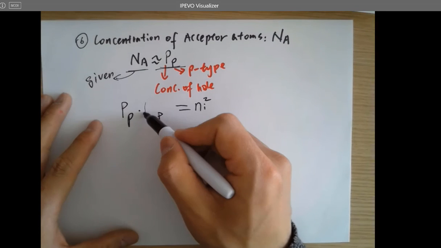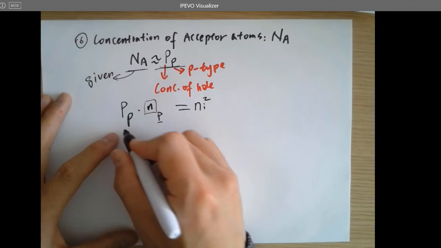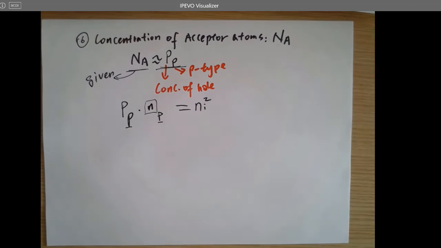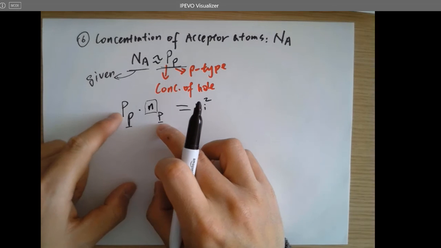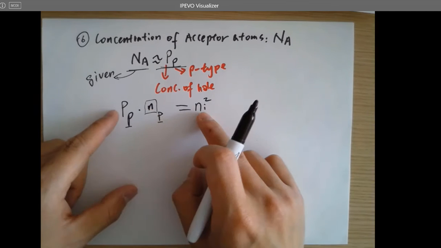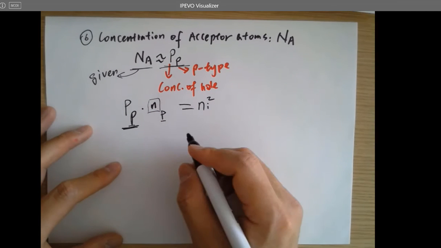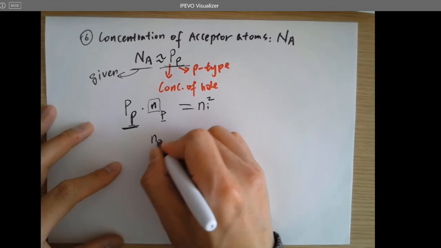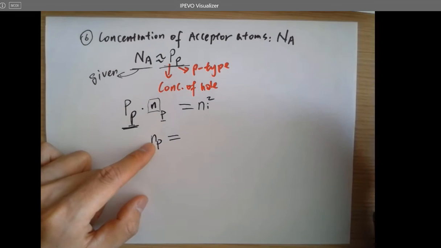What about here, N? They are both p-type, and since we are evaluating the same material, the p-type, here P is the concentration of the holes and N is the concentration of the electrons. So still N times P equals Ni squared, and because this is given, we can calculate. Is Np here minority or majority?